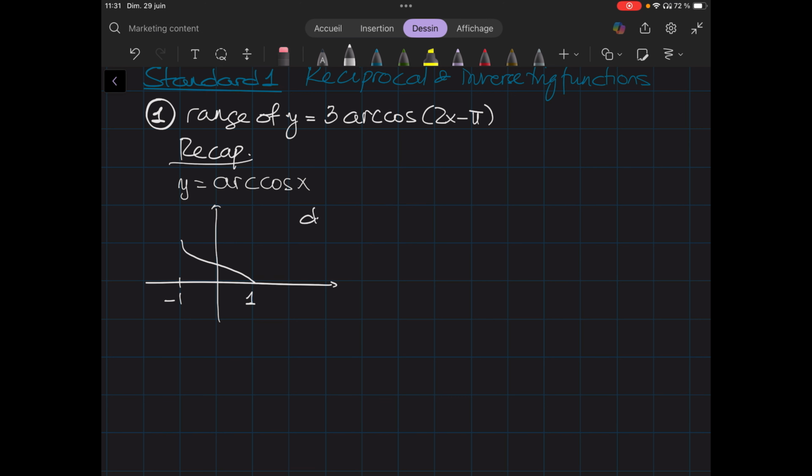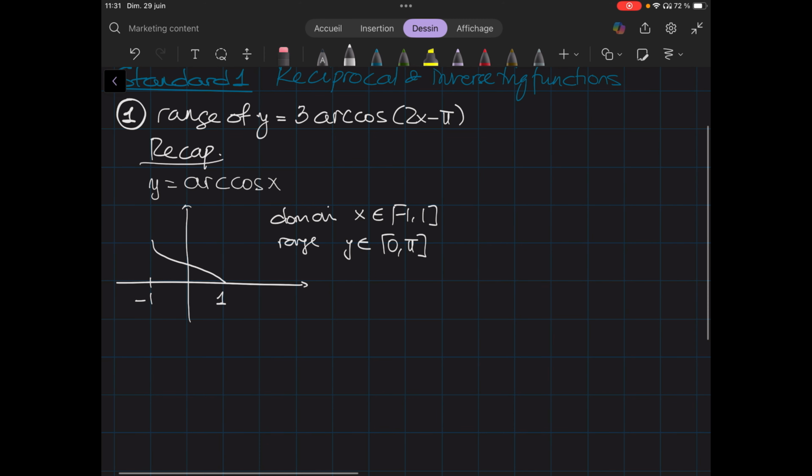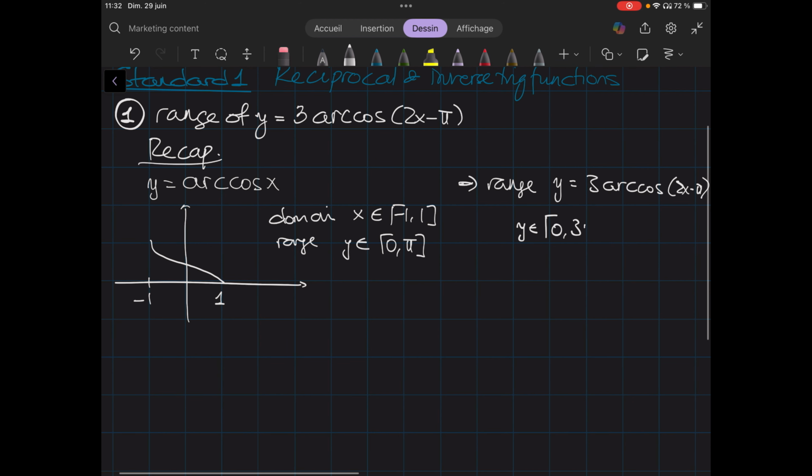The domain is from negative 1 to 1, and the range is from 0 to pi. Thus, the range of our function will go from 0 to 3 pi. And that is the end of question 1.